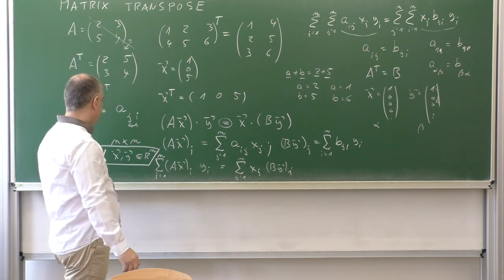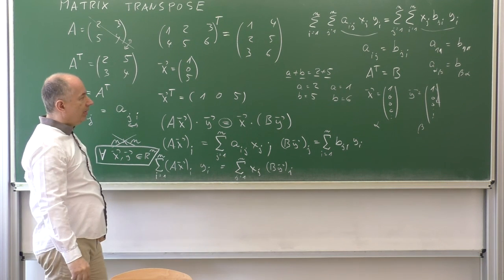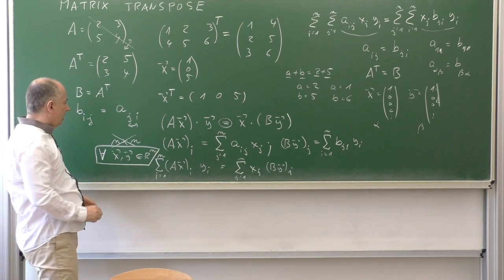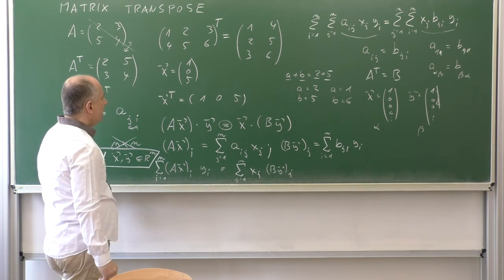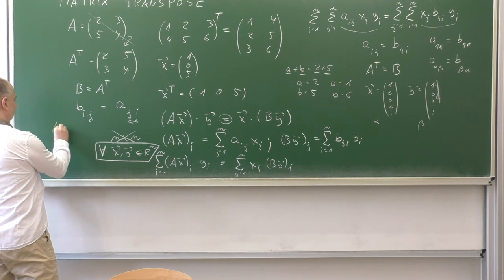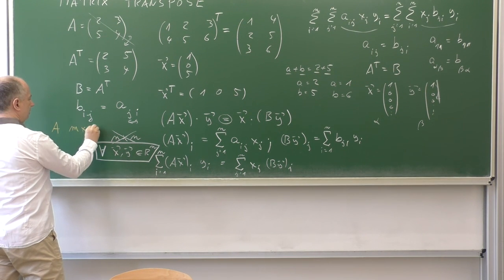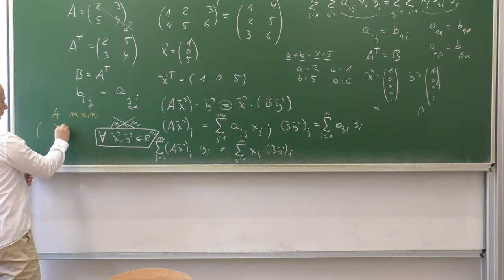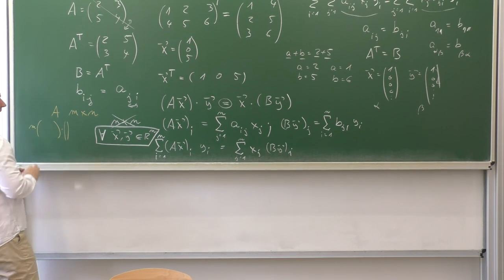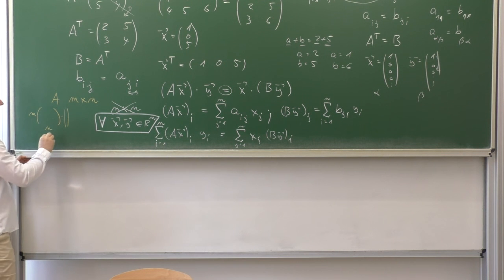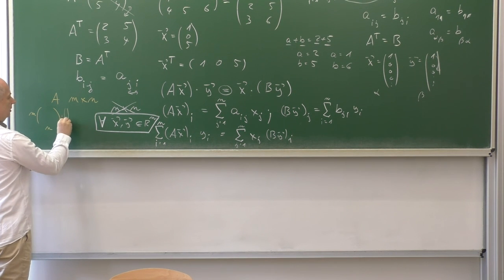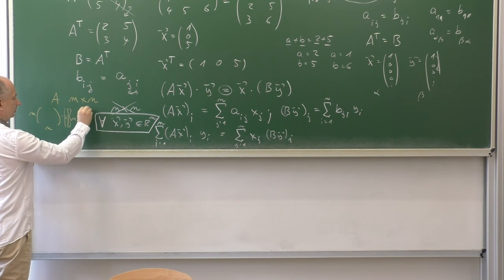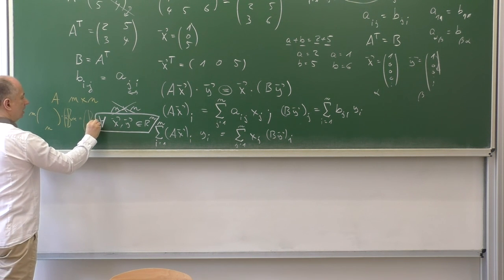In a slightly more general case, when the matrix is not n by n, but rather if A is, say, m by n, then if the matrix A has m rows and n columns, then the vector x must have n components, and the result will have m components.